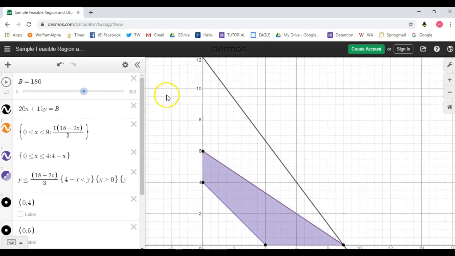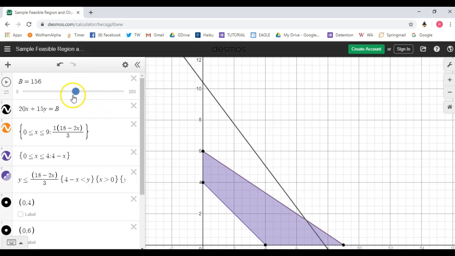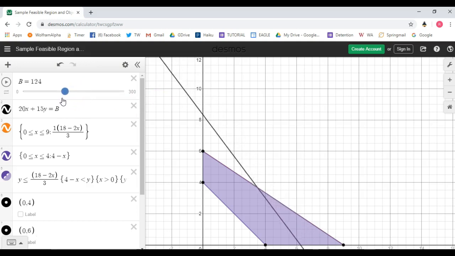I'm meeting the constraint, and look at where my profit line hits the y-axis. Is that a better profit than over here? I'm still meeting the constraints, but what's happening to my profit? It's going down. Here I'm meeting the constraint. Here I'm meeting the constraint. What was the best place for this profit line? Where was the best?